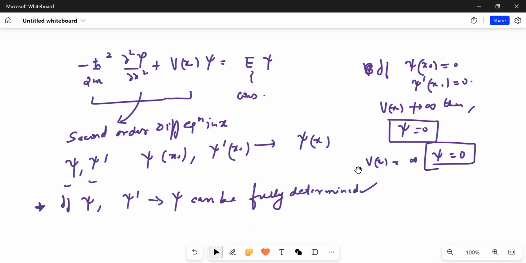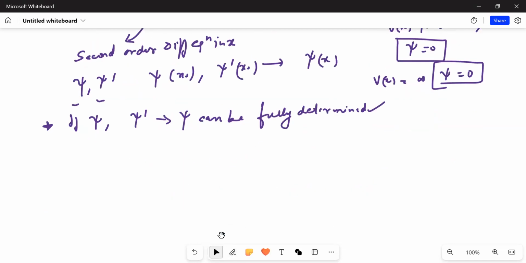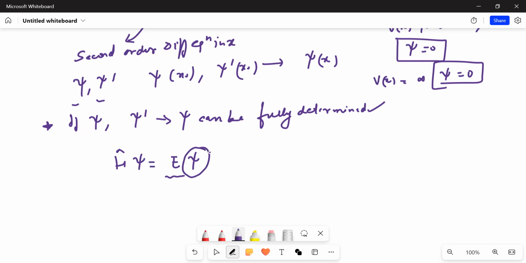Since the time-independent Schrodinger equation is an eigenvalue equation, quite often you will find that these are written as energy eigenstates or simply eigenstates, because they are satisfying this eigenvalue equation.